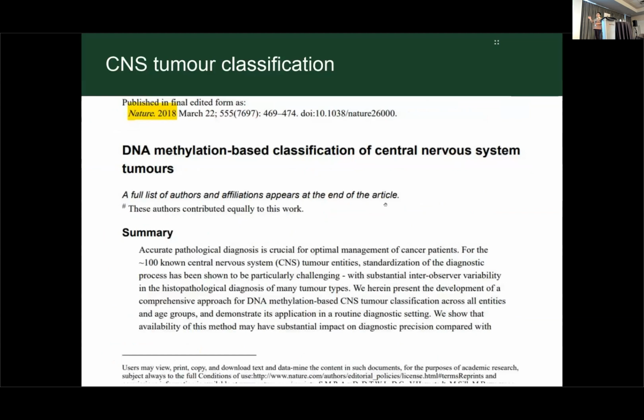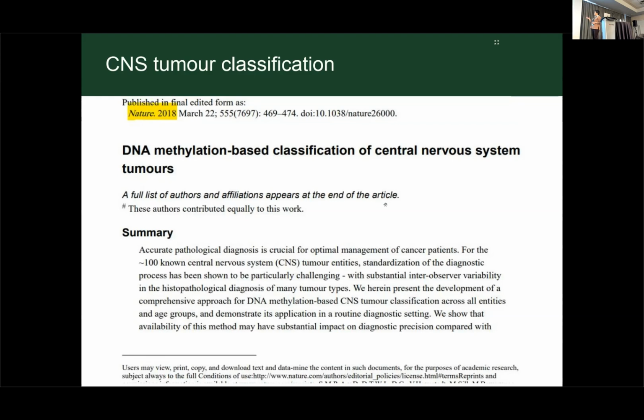All right, I noticed in our agenda this morning there's a neuropathologist talk, which I missed. So I don't know if the neuropathologists have already talked about that or not. No? Okay, so this is a 2018 paper in Nature on the DNA methylation-based classification of central nervous system tumors, so brain tumors, mostly.